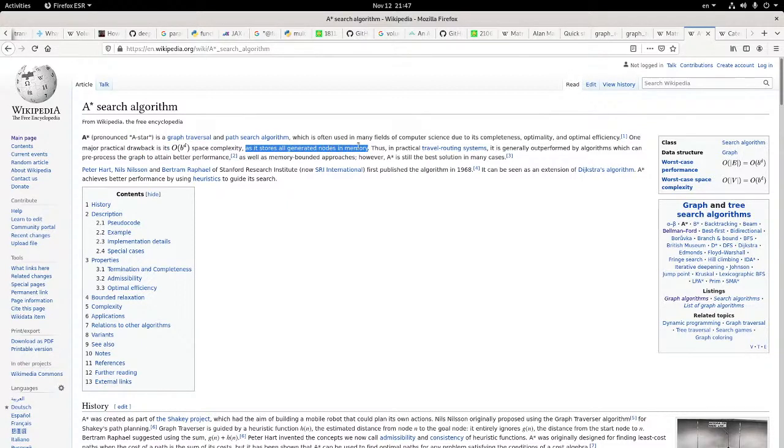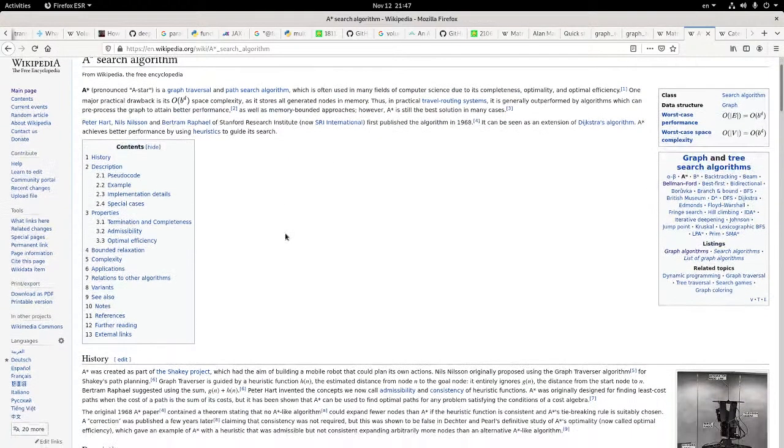All generated nodes in memory. Pre-process the graph. Memory-bound approaches. Best solution in many cases.